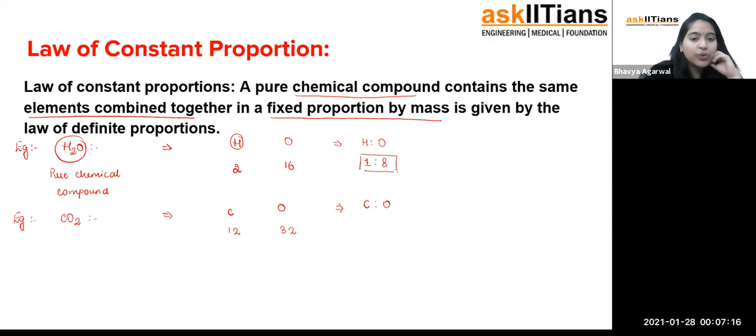So now the ratio will be what? 3:8. This is the ratio 3:8. Got it? Everyone received it? Understood it?